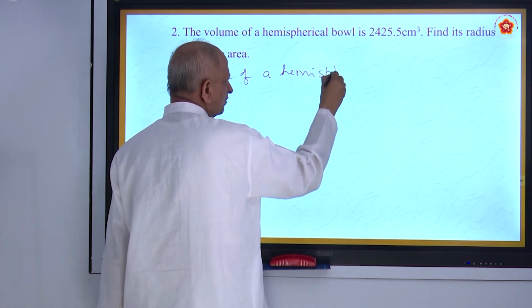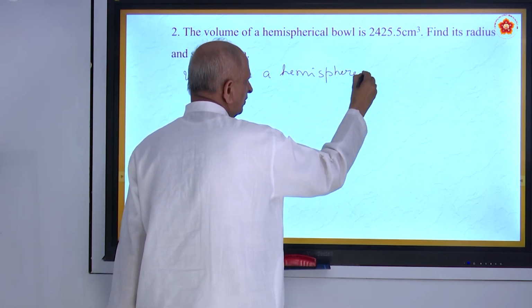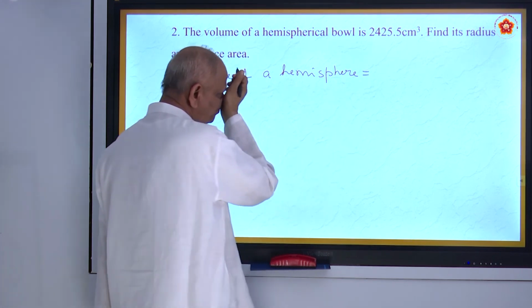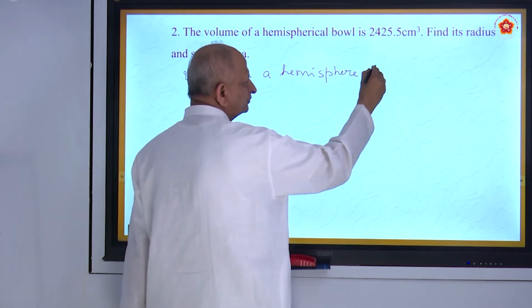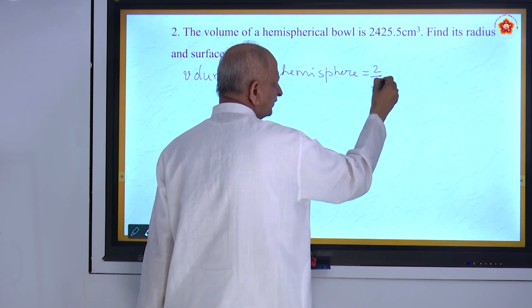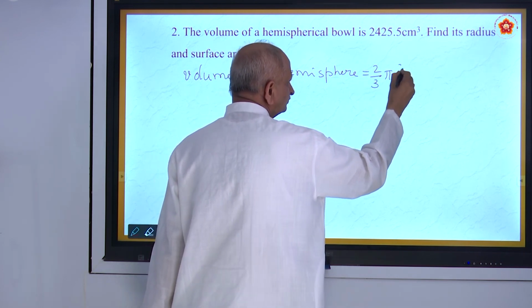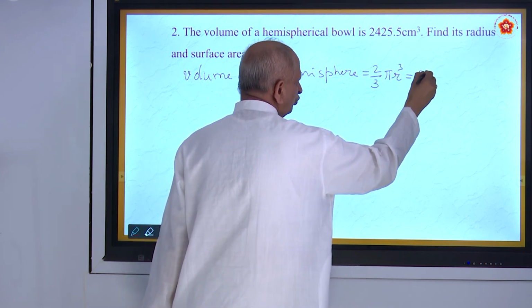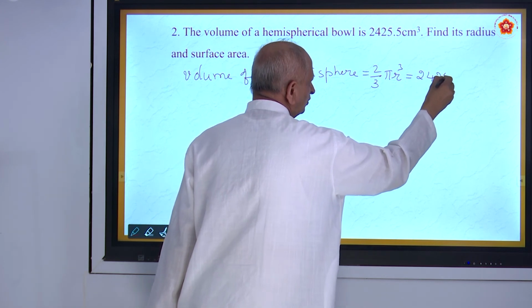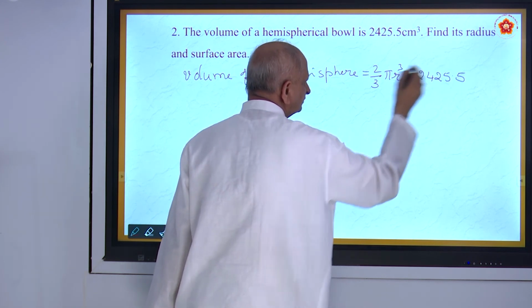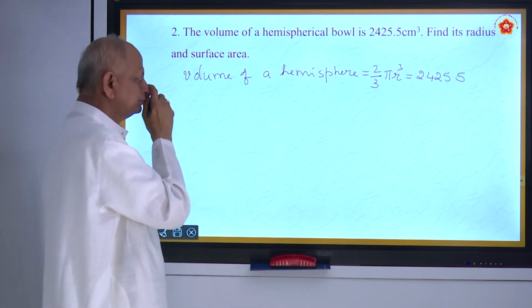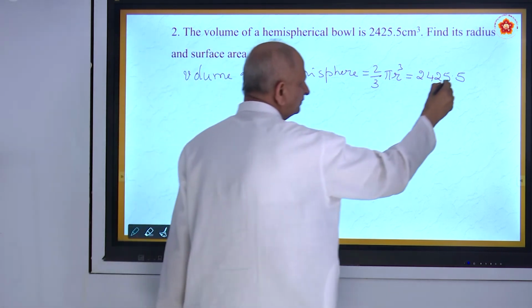What is the formula? Yes, 2 by 3 pi r cube. That is given to be 2425.5 cubic centimeters.